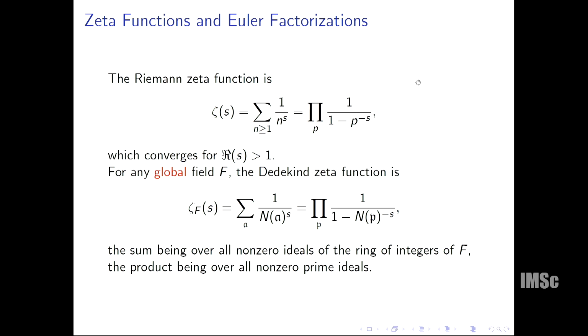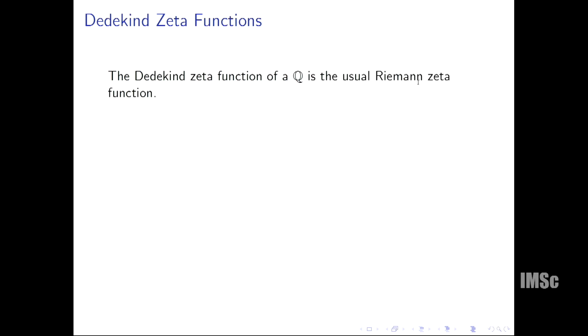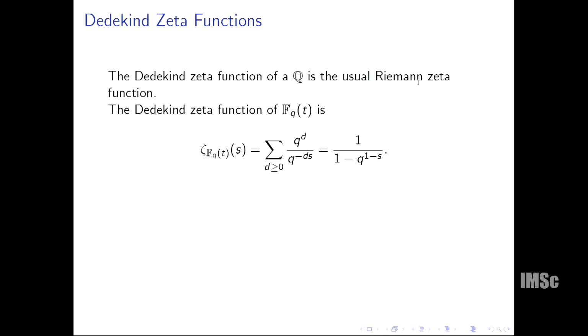That's a field. And you may want fields where roots to certain equations are included. So you want to look at things bigger than the rational numbers, and those are examples of global fields. The Dedekind zeta function of the field Q is just the usual Riemann zeta function, but there are other kinds of fields which arise in algebraic geometry. If you look at a finite field F_q, you can look at rational functions in one variable with coefficients in that field.